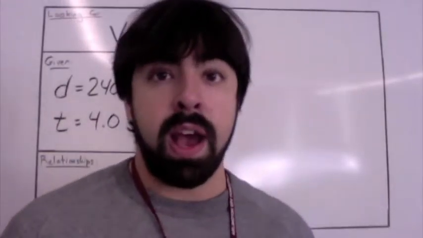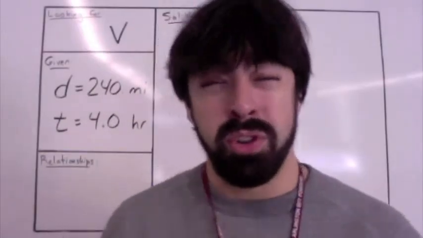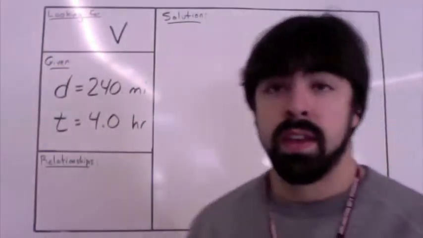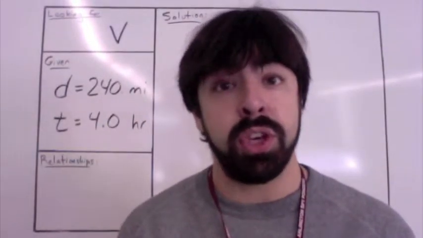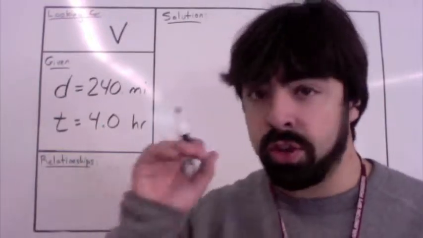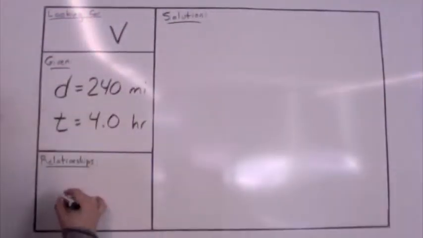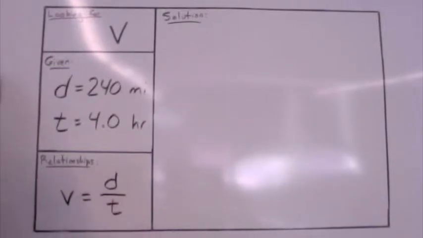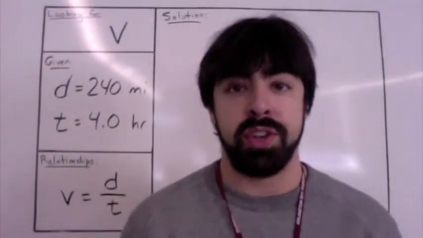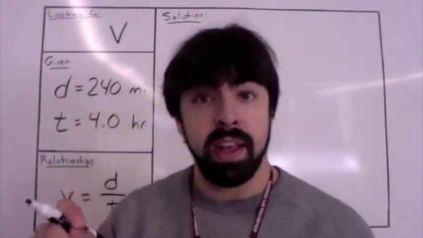Excellent. Now, what is our relationship? When you're looking for speed, it's pretty much straightforward. It's just the speed formula, which will always be given to you, so you can just write it down and just go with it. Speed equals distance divided by time. There's our relationship. Now, let's plug in and solve.